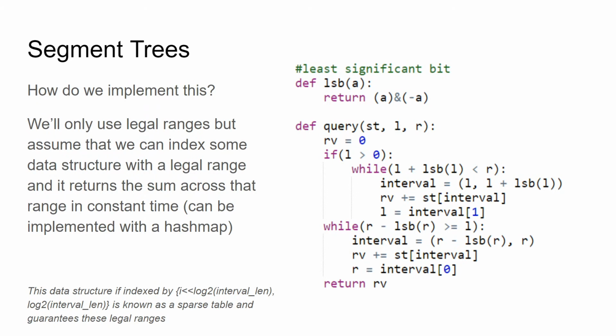Just as a side note, if we index this differently so that instead of just this interval, we were using a two-dimensional matrix where one of the indices was the left bound bit shifted by whatever level it was on, and the second index was whatever level it was on, then we'd have a data structure that could actually solve this problem.